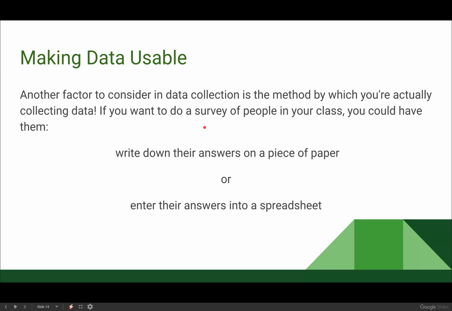Now, keeping track of the method we're using to collect data can also be a big factor. So let's say we want to do a survey of all of the people in our class. We could either have everyone write their answers on a piece of paper, or we could have them enter their answers into a spreadsheet. Which of these would make it easier to process down the line?